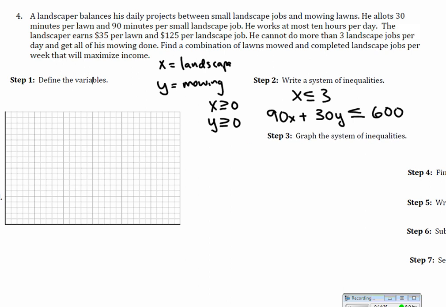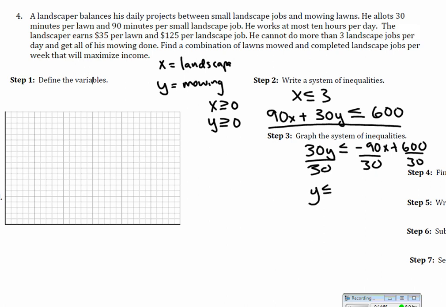So let's graph this. So now, let me clean this one up a little bit. So 30y less than or equal to negative 90x plus 600. So y less than or equal to negative 3x plus 20.